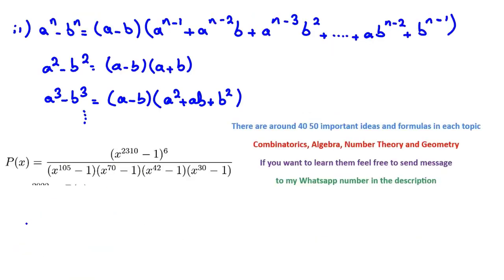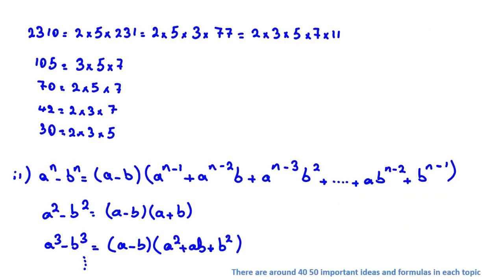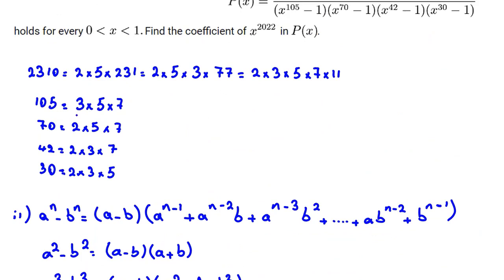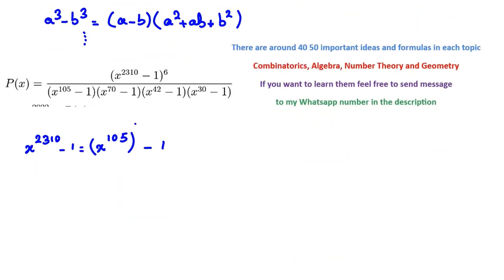So x to the 2310 minus 1: I want to use this identity and write one factor as this. I know that it is x to the 105 to the power of what, minus what? For 2310 and 105, we have 357, 357, so 2 times 11, 22. So it will be 22, minus 1 to the 22.